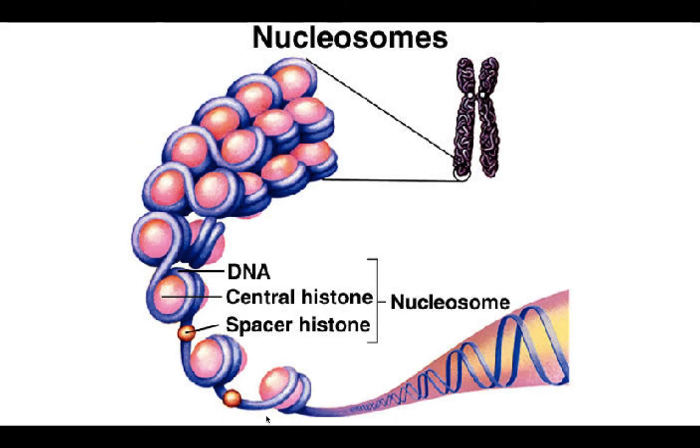So this blue wrapped up thing is a DNA double helix wound around a central histone, and then there are other histones, other proteins that attach themselves to the DNA and become spacer histones so that they keep these central histones spaced apart appropriately until eventually what we get is these wound up pieces of DNA wound around these protein balls, and that's what forms this chromosome of DNA.